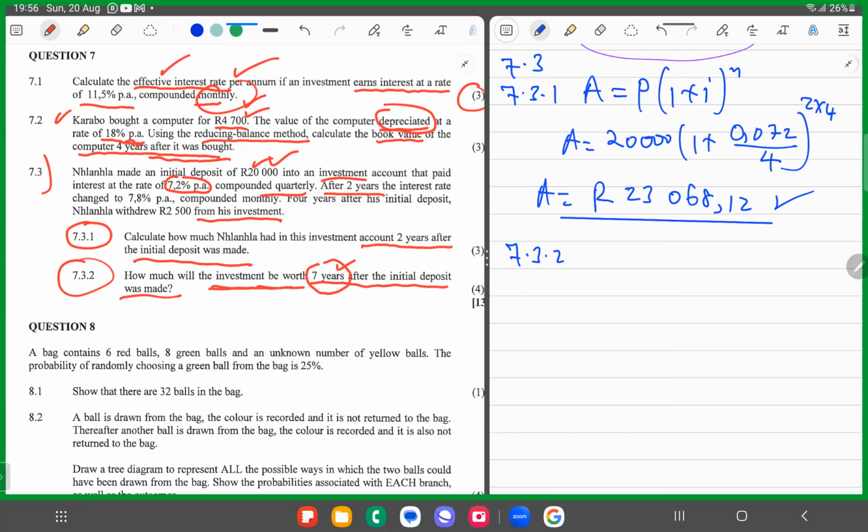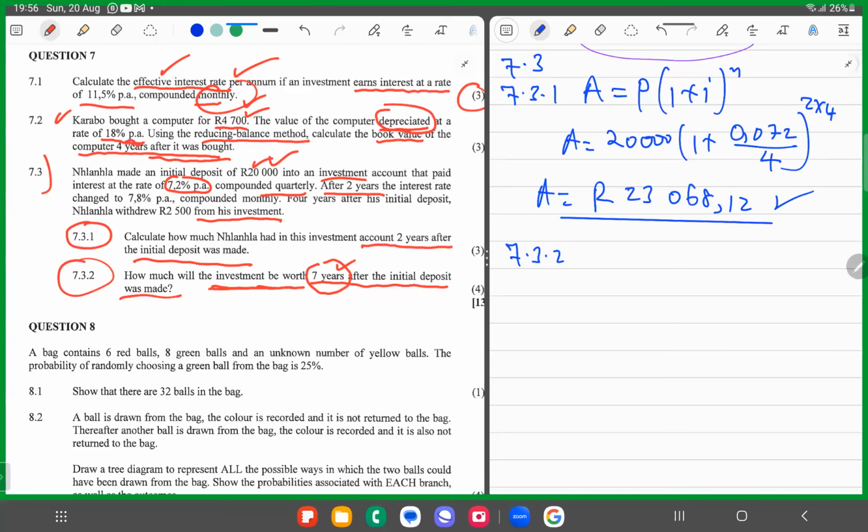We're going to do it that way exactly. So 7.3.2, we continue as follows.